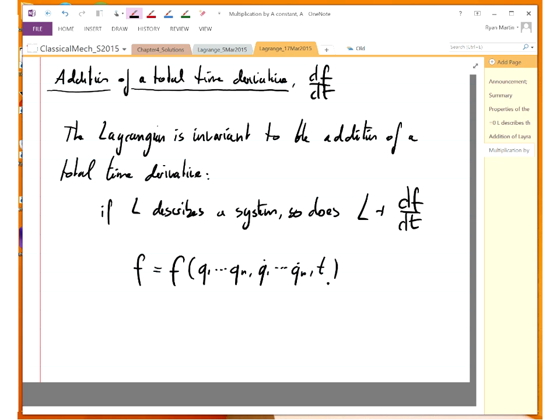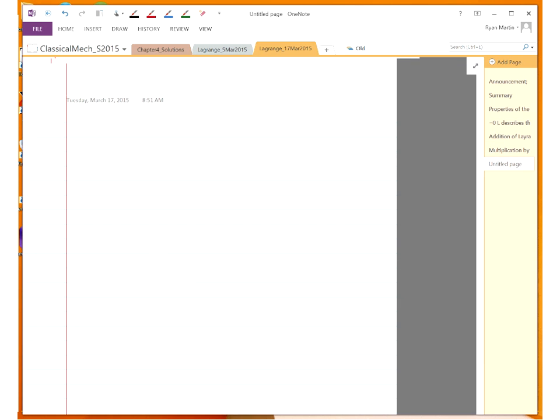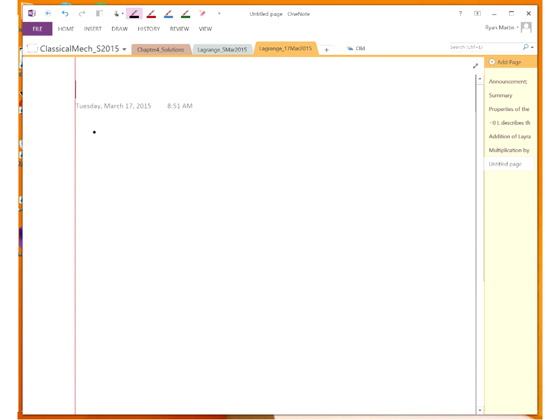So you have a Lagrangian, and you can find something that is a total time derivative, and you add it to the Lagrangian, you haven't really changed the description of the system. This new Lagrangian, L plus df by dt, still describes the same system. And it's not so obvious why that would be true.